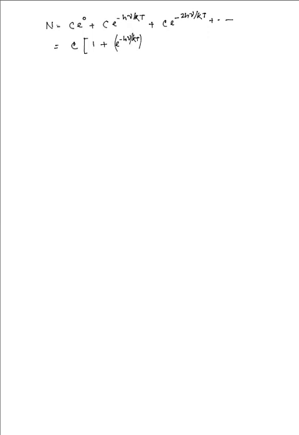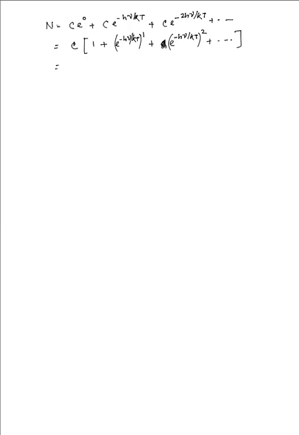Let me put that in brackets with power 1, and then e to the power minus h nu by kT, and I take the power term, that is 2, outside, so I have a form of 1 plus a plus a squared and so on. The C is common, of course.